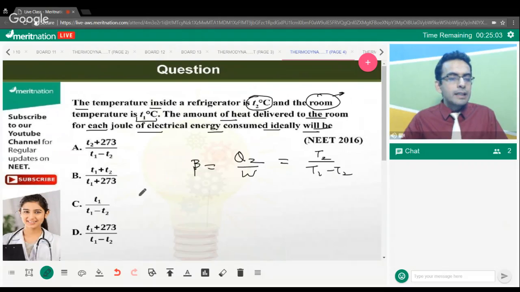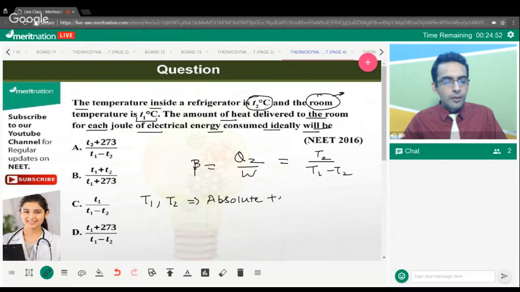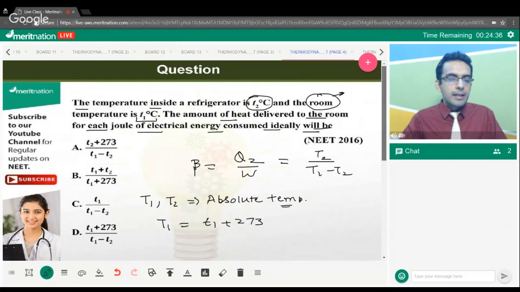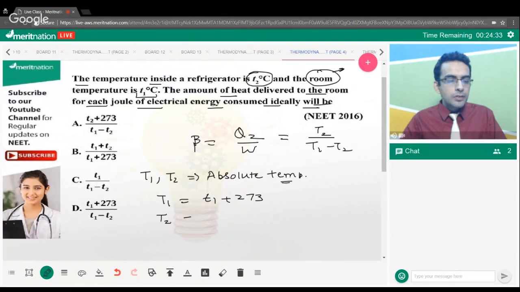First of all, you should know that T1 and T2 are absolute temperatures. So you have to add 273 in this case. T1 is equal to small t1 plus 273, and in the other case, T2 is small t2 plus 273. So that's what you have got in Kelvins. Temperature is now in Kelvins.